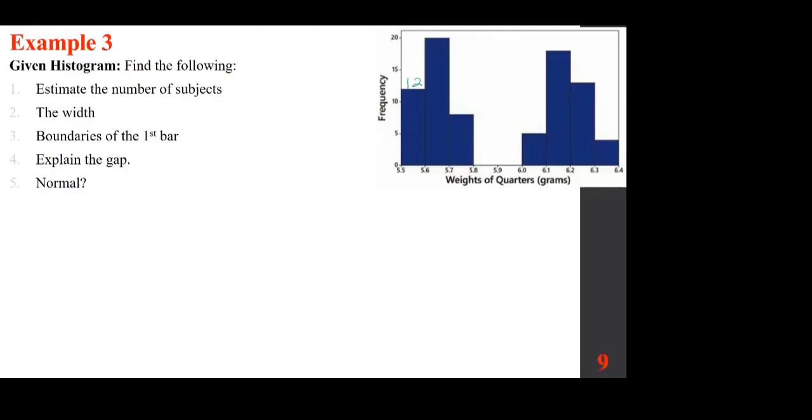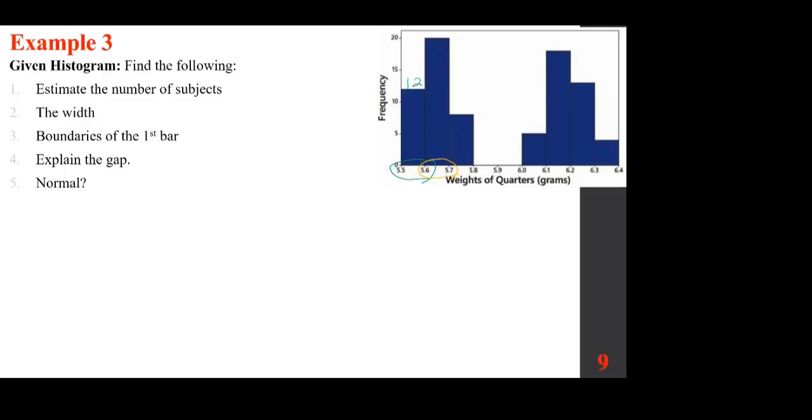What about the width? First and foremost, let's talk about the third one, the boundaries. These are the boundaries for the first class. And then these two would be the boundaries for the next class. And then you move on all the way to the end. I hope everybody is clear. What are the boundaries for the first one? 5.5 and 5.6.